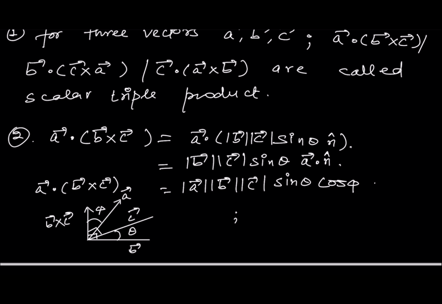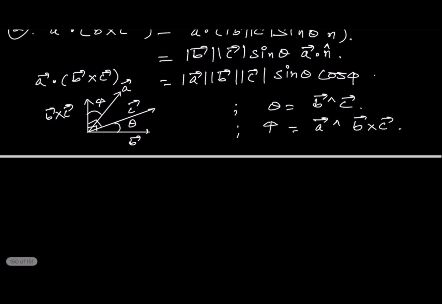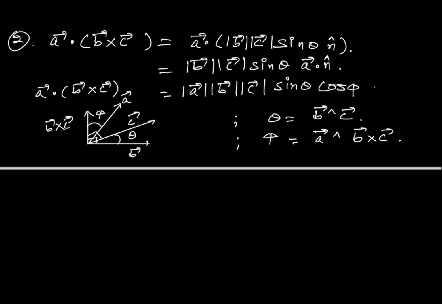Okay, so theta is the angle between B vector and C vector, and phi is the angle between A vector and B cross C vector, right? This is point number 2.